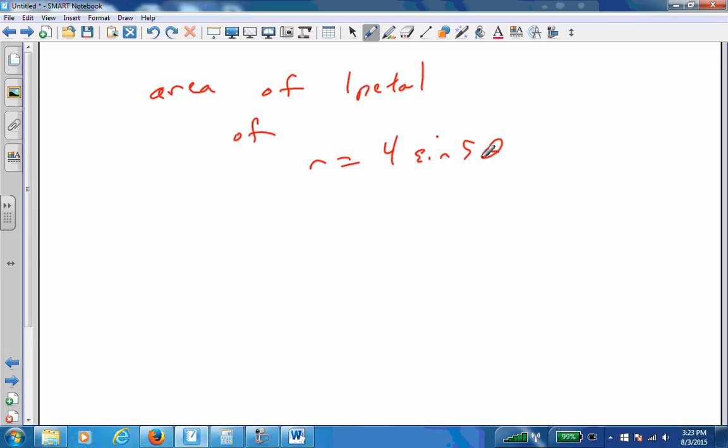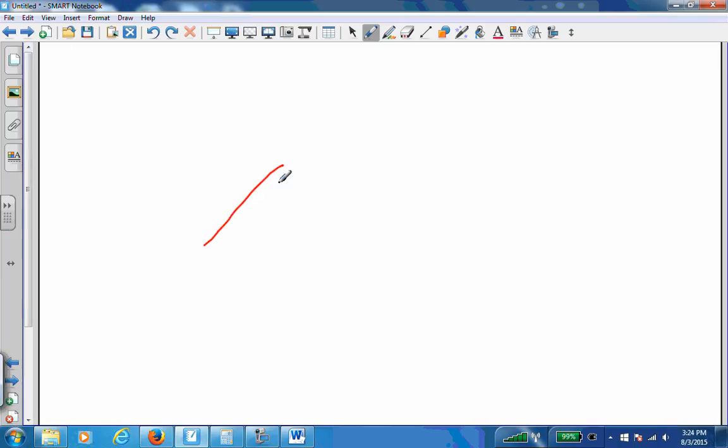In 10.5, if we have a sector of an angle and a radius, let's think about how we would calculate the area of that.